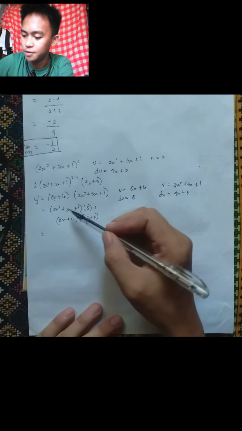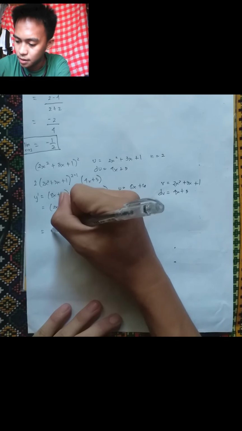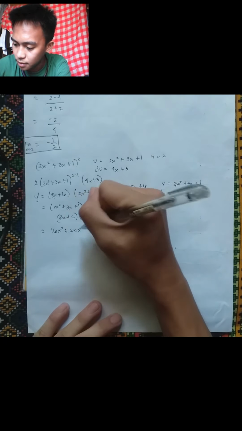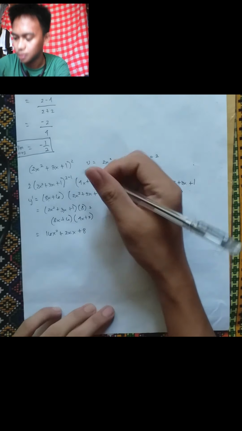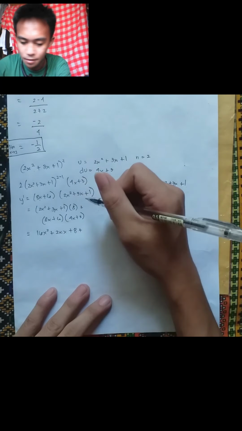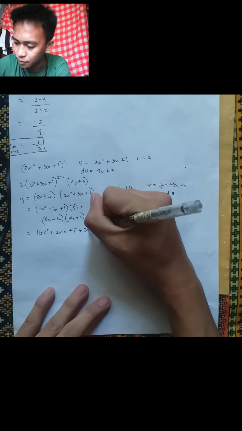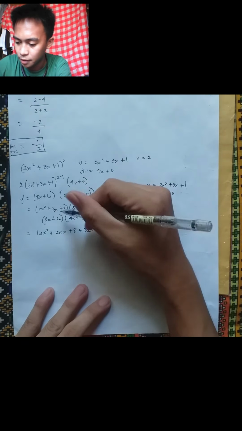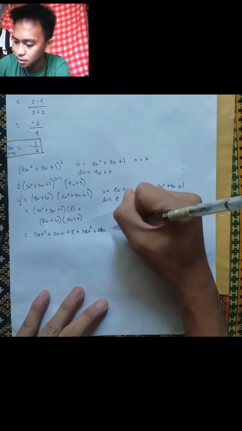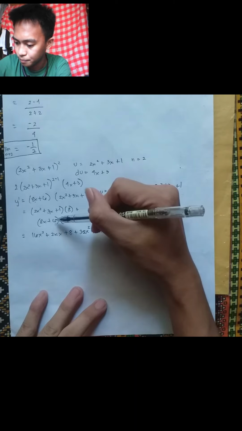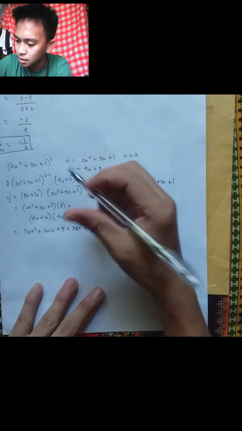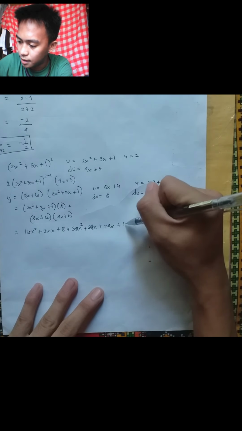Multiply or simplify this into 16x squared plus 24x plus 8, plus FOIL method. First is equal to 32x squared, outer plus 24x, inner 24x, plus 6 times 3, 18.